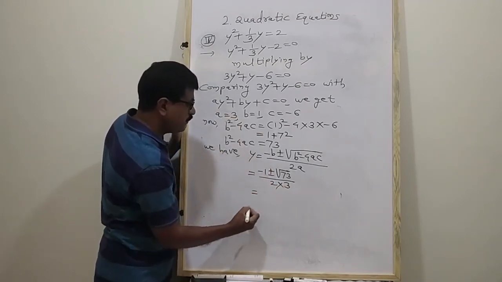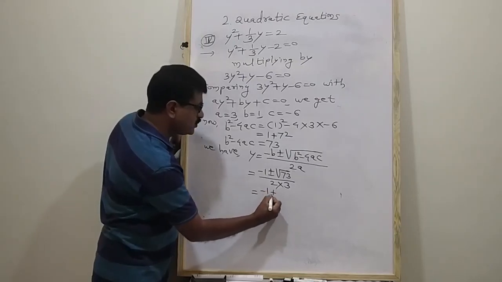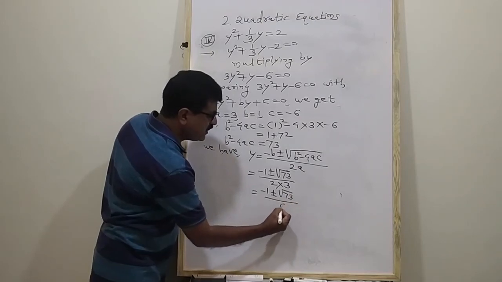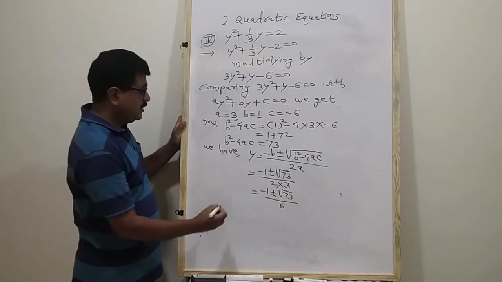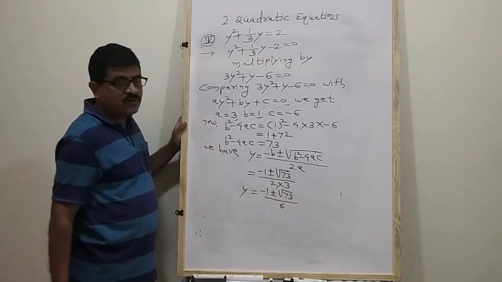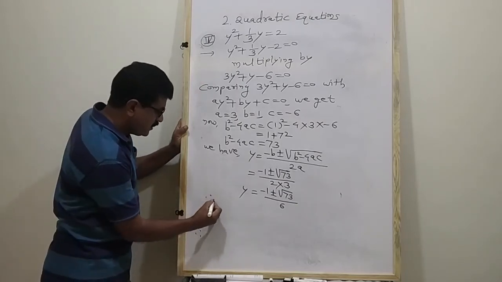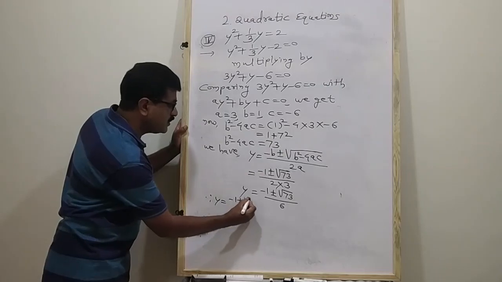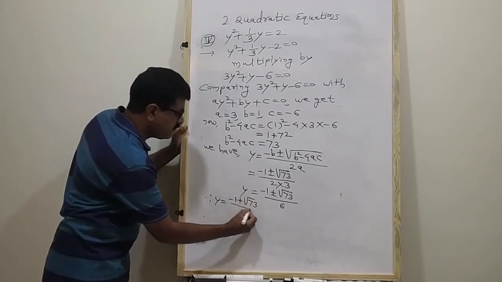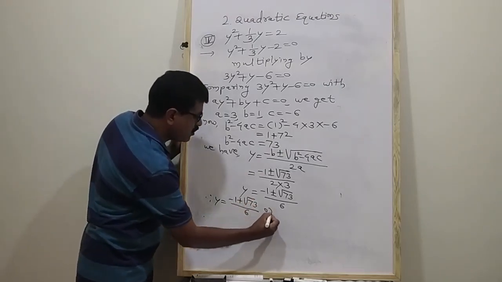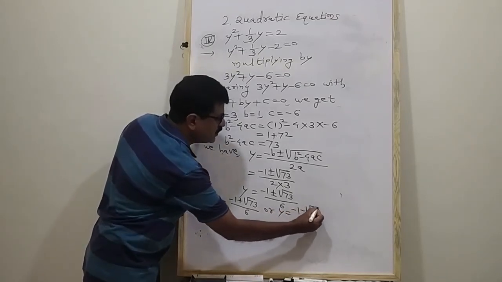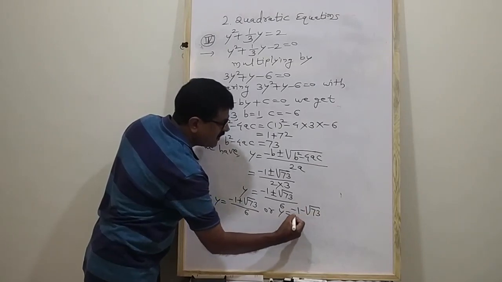Therefore is equal to minus 1 plus or minus square root 73 divided by 2 into 3, 6. These are the values of y. Therefore y is equal to minus 1 plus square root 73 divided by 6, or y is equal to minus 1 minus square root 73 divided by 6.